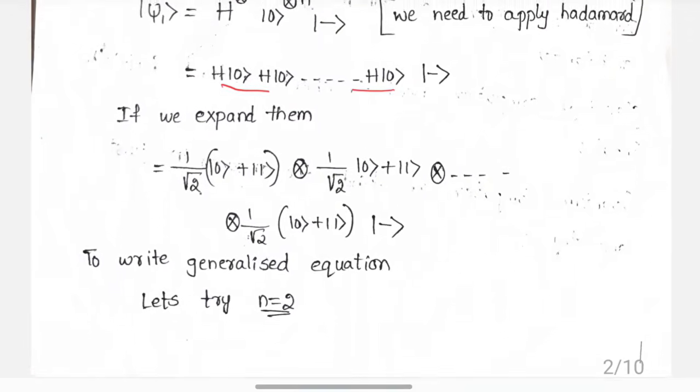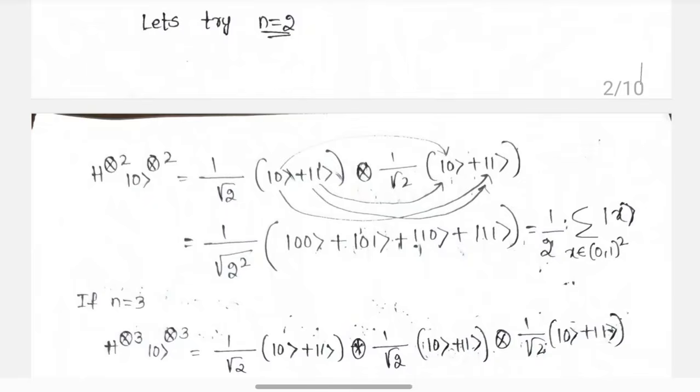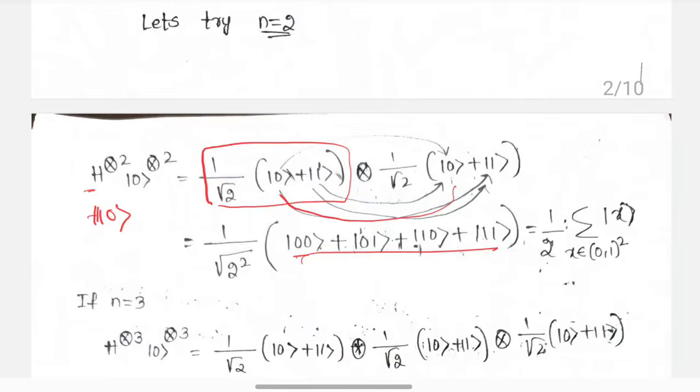You already know these equations, H ket 0. If I take the tensor product, 1 by root 2 of ket 0 plus ket 1 will be for H of ket 0. Again H of ket 0, if I take, I am doing the multiplication: 0 0, 0 1, 1 0 and 1 1. I think this is clear.